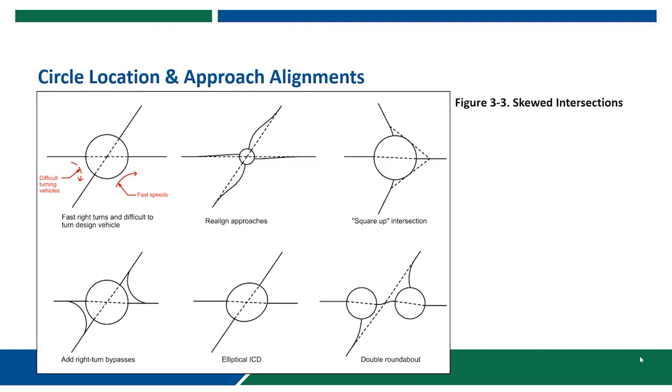While some intersections may allow approach realignment, site constraints may preclude this at other locations. Therefore, a variety of combinations could be considered at skewed intersections related to the size, the shape, the placement, and approach alignment. This might include the use of right turn bypass lanes as shown in the lower left, elliptical shapes, lower middle, or even two closely spaced roundabouts as in the lower right.